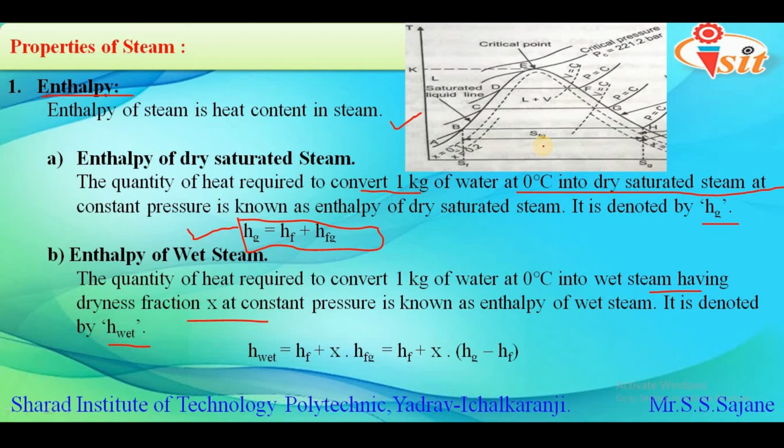The value x equal to 1 is the condition when the steam is dry saturated, that is, this dotted curve will coincide with the actual dry saturated vapor line. Thus, if we are calculating the enthalpy for wet steam, then it is very important to determine the value of this dryness fraction, which is denoted by letter x.